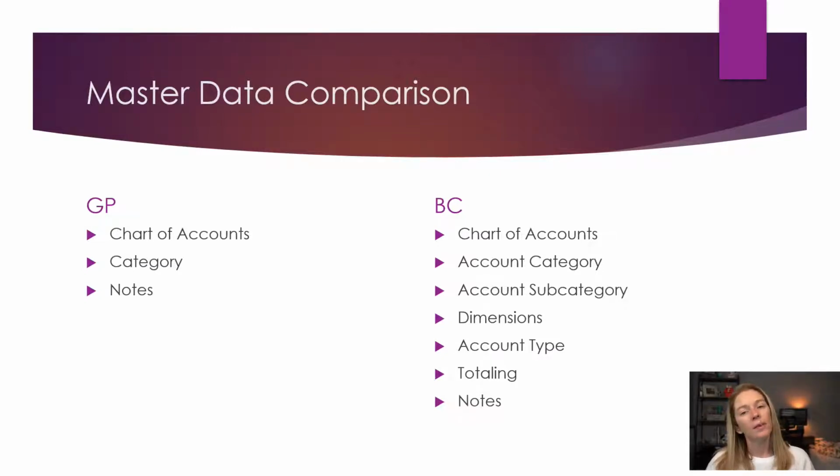So on the BC side, of course, I have my chart of accounts, okay? The big difference here, though, is it's not the full segment. It is just the natural account. So if I look in BC and I look at the accounts, all I will see is the natural account number, okay? And when I create that natural account number, I could default some dimensions on that if I wanted to.